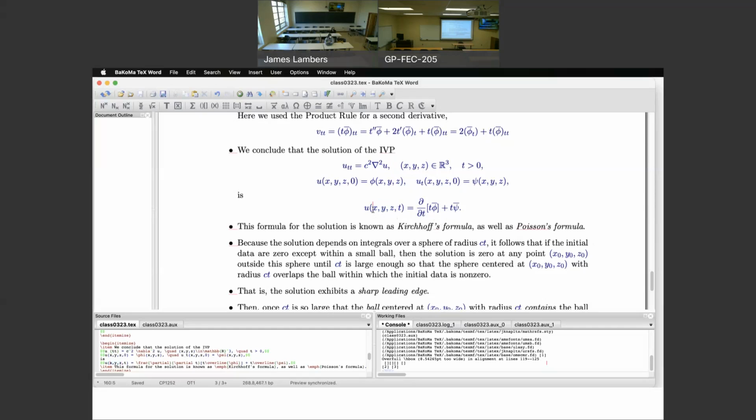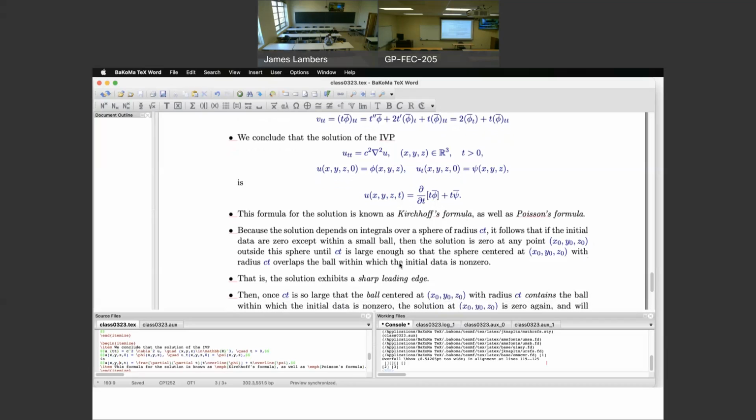So if this point, x, y, z, is far away from where the initial data is non-zero, the solution will be 0 at this point for quite some time. That will only change when t is large enough so that the radius of this sphere, ct, intersects with whatever sphere in which the initial data are non-zero.